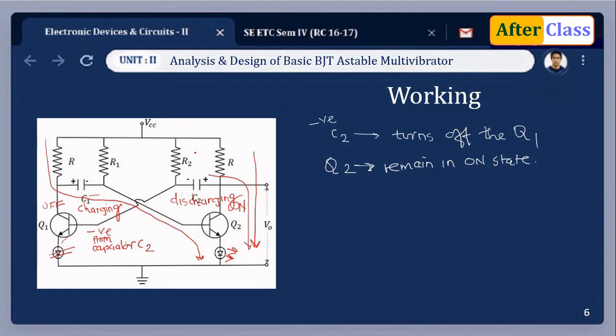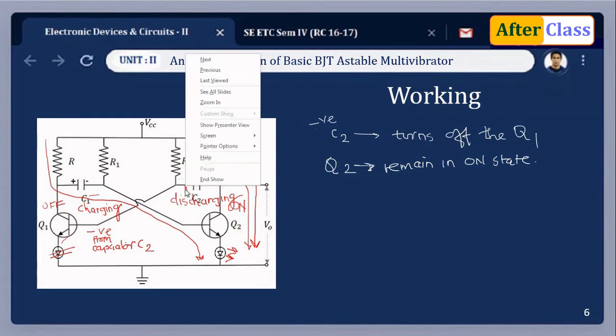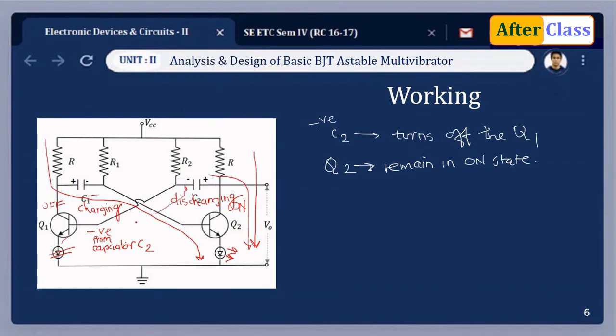So when the voltage across capacitor C2 is sufficient to turn on the transistor Q1, because the voltage at this point is connected to the base of the transistor Q1, then Q1 will be turned on and capacitor C1 will again start discharging.